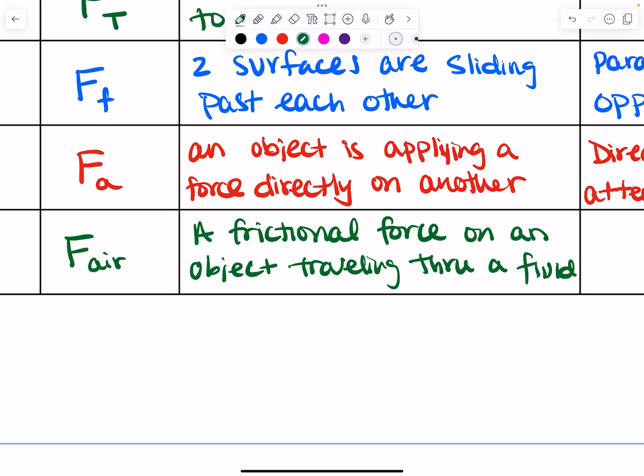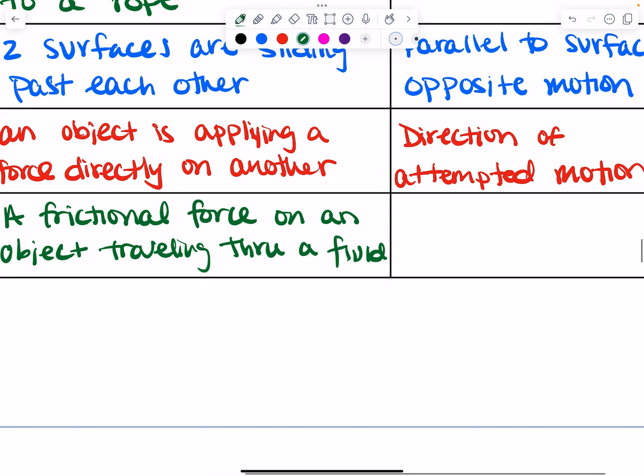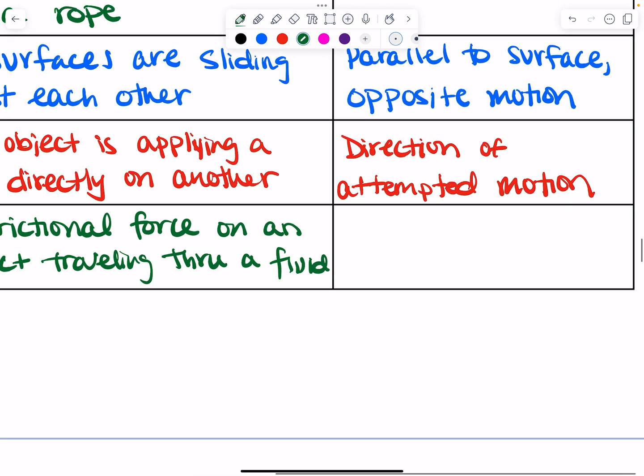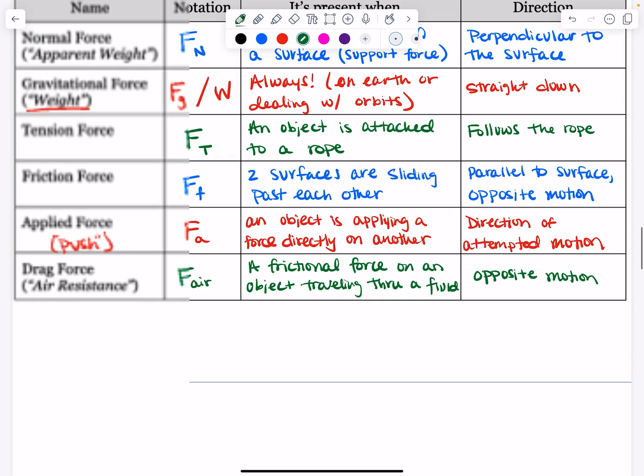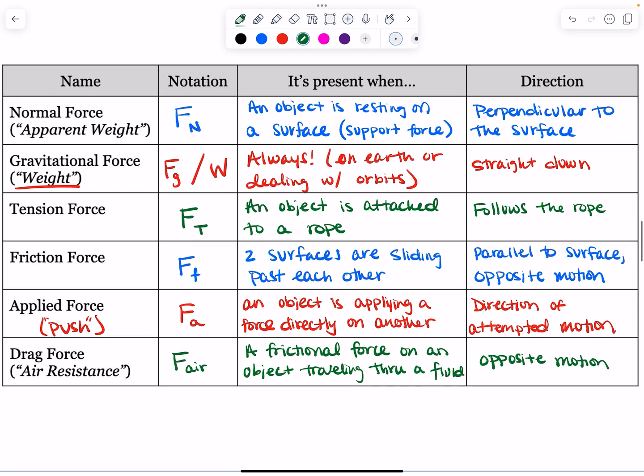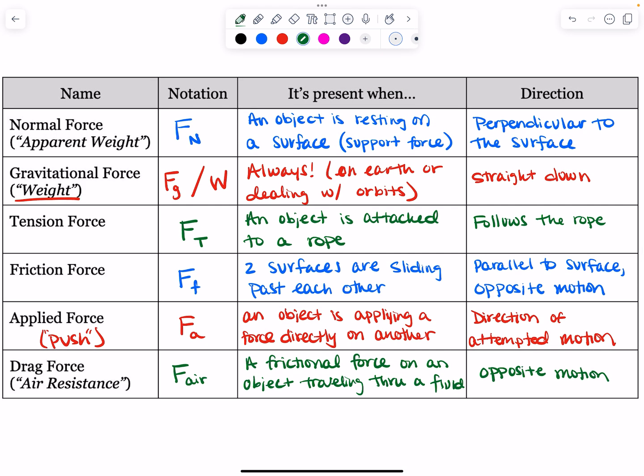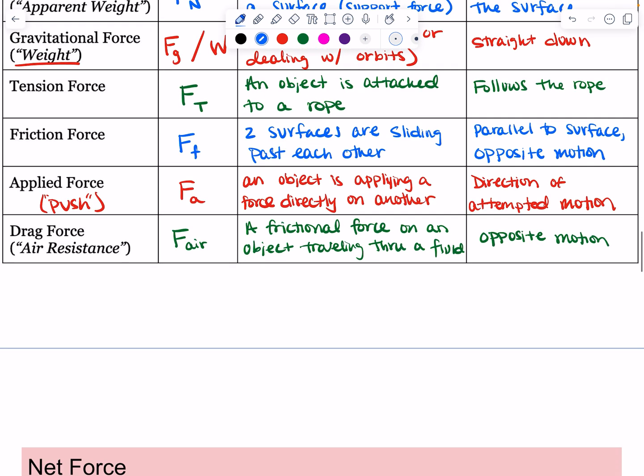That could be water, it could be air, but because it is a frictional force, it is also directed opposite motion. All right, there was a lot going on this slide, but yes, these are all the different types of forces that are going to pop up during our study on forces.